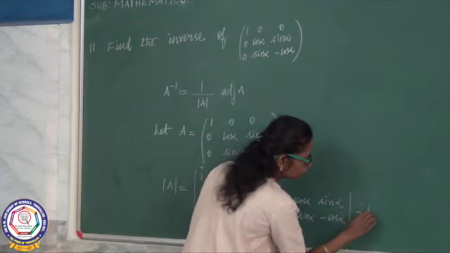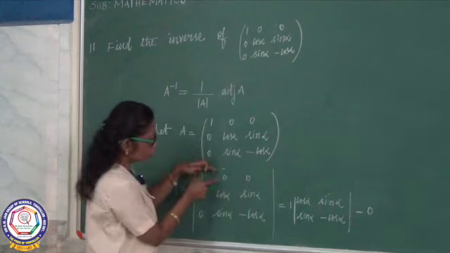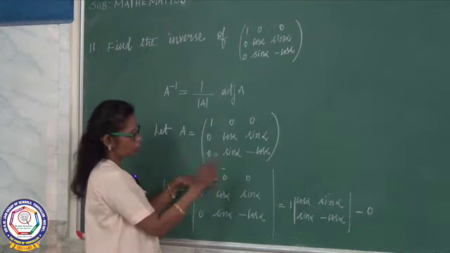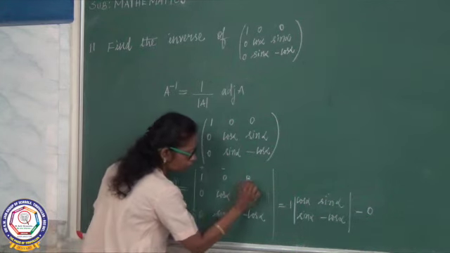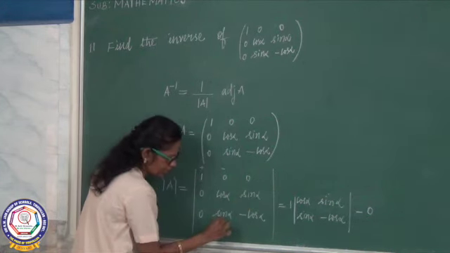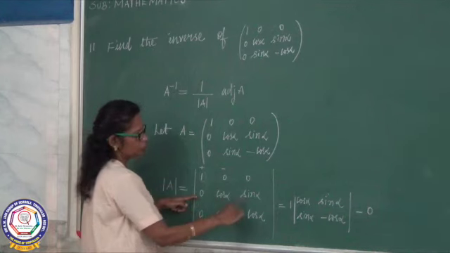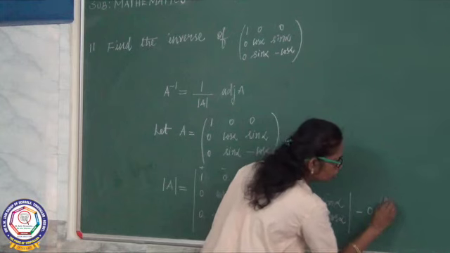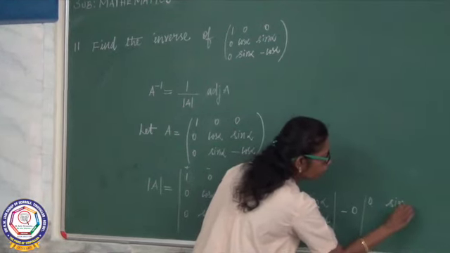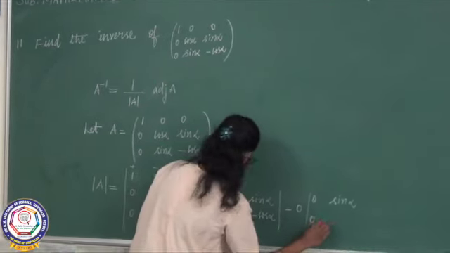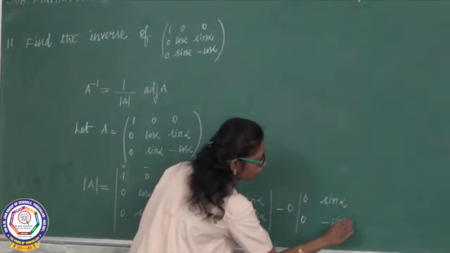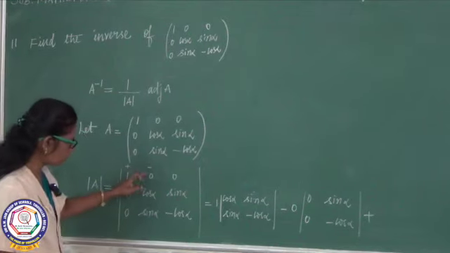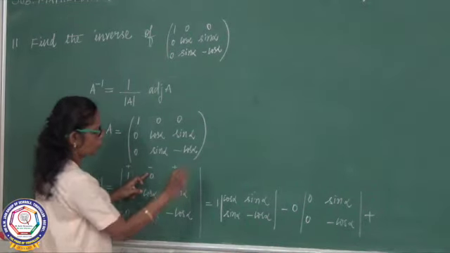So, minus 0 into, the remaining after deleting the first row and second column, 0, sin alpha, 0, minus cos alpha. Here the sign is positive, negative, positive.